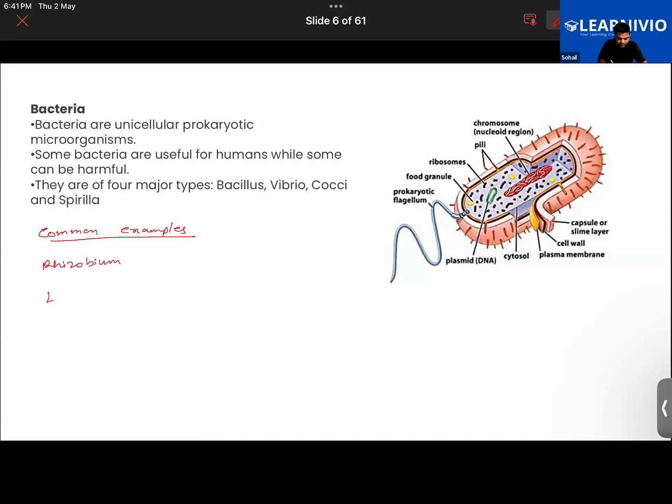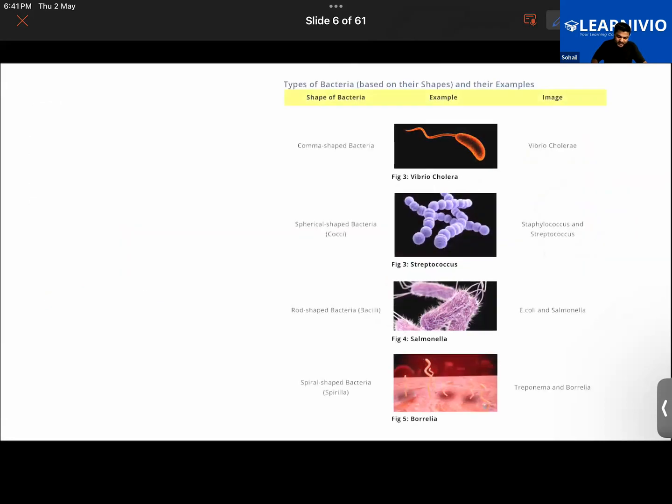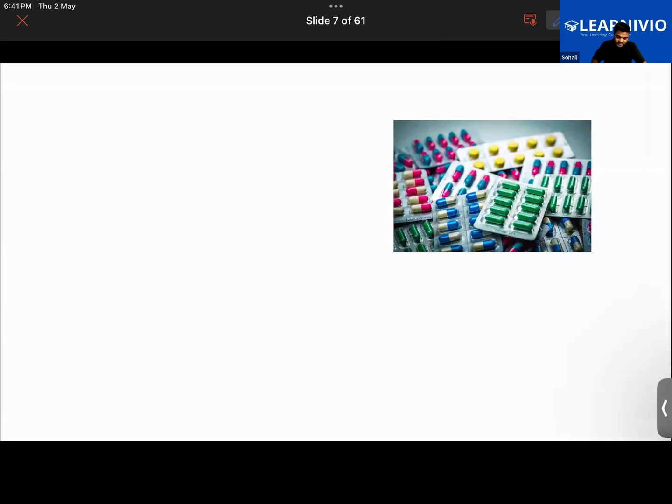Lactobacillus. Lactic acid. Lactobacillus. Very good. So these are some of the common examples. And their use also, I suppose you are aware of their uses. Talking about some of the diseases that are spread by them.